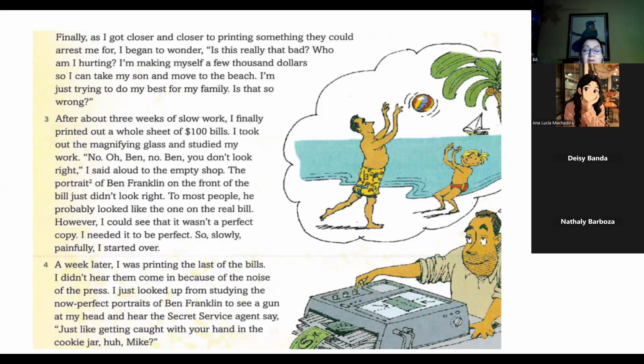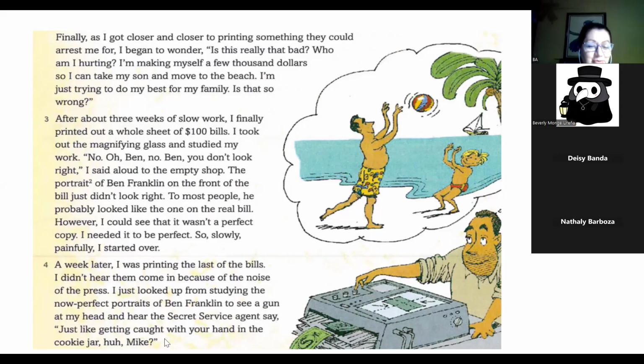Who are these people? The Secret Service agent. The police came. Okay? And they caught him with his hands in the cookie jar. Do you understand that expression? The hands in the cookie jar? Yes. Con las manos en la masa. Exactly. They got him.